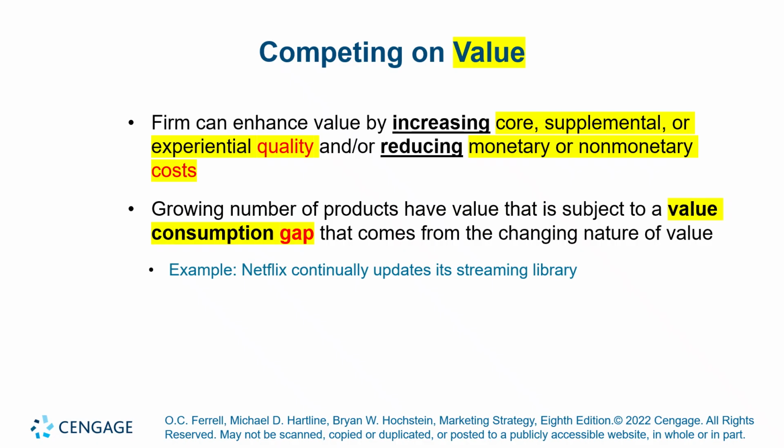A growing number of products have value that is subject to a value consumption gap that comes from the changing nature of value. For example, Netflix continually updates its streaming library, and the speed at which they update is quite amazing.